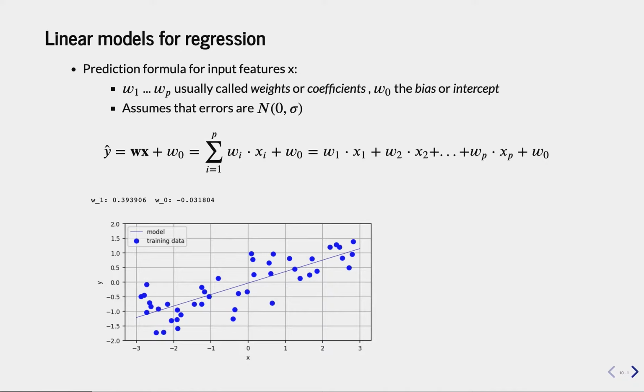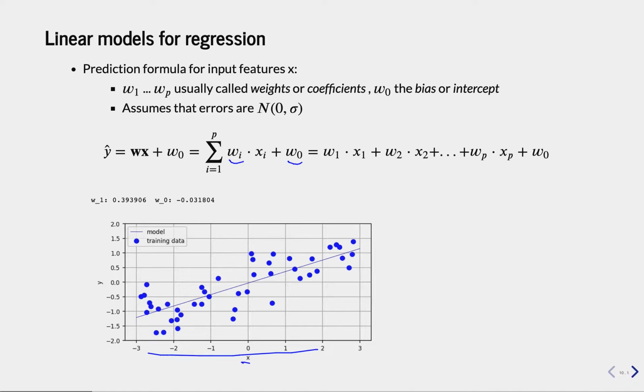Okay, first, linear models for regression. In this case, again, we want to learn a linear function f through these data points. This is a one-dimensional x. In this case, these weights are written w, and we call these the weights or the coefficients, and there's w0, which is the bias or the intercept. Right?